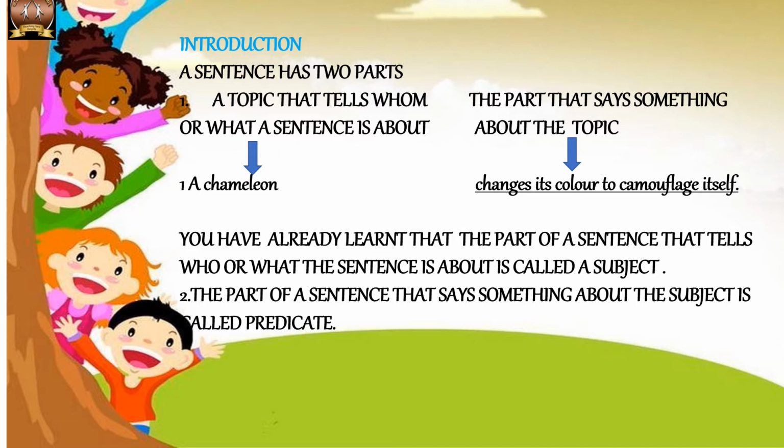Chameleon is what we are talking about, and what is being told about it becomes the second part. You have already learned in the lower classes that the part of a sentence that tells us who or what the sentence is about is called a subject. The part of a sentence that says something about the subject is called a predicate.